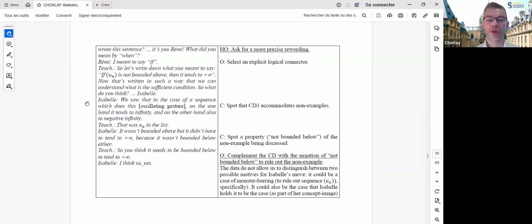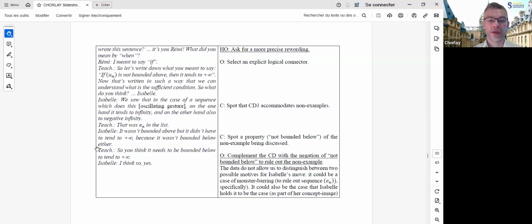So she spots a specific sequence which maybe tends to both positive and negative infinity. So the teacher said, we want to rule this one out. We want to find a definition such that sequence E does not tend to positive infinity.